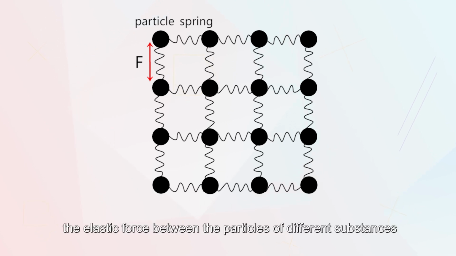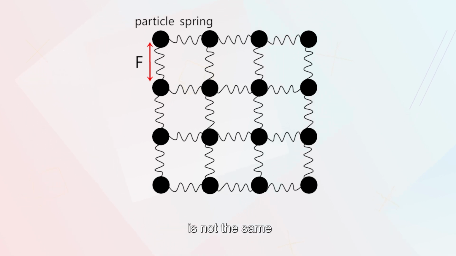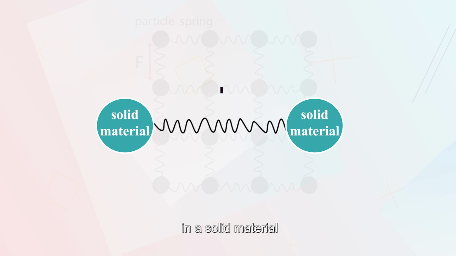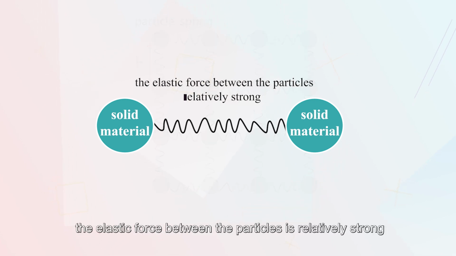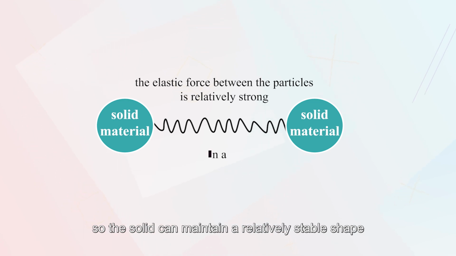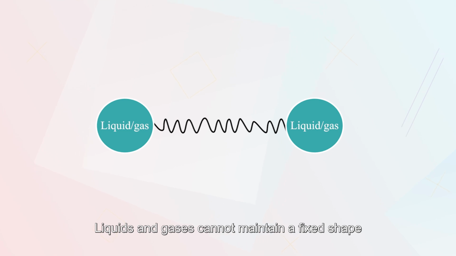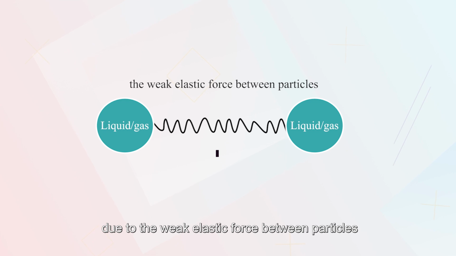Of course, the elastic force between the particles of different substances is not the same. For example, in a solid material, the elastic force between the particles is relatively strong, so the solid can maintain a relatively stable shape. Liquids and gases cannot maintain a fixed shape due to the weak elastic force between particles.